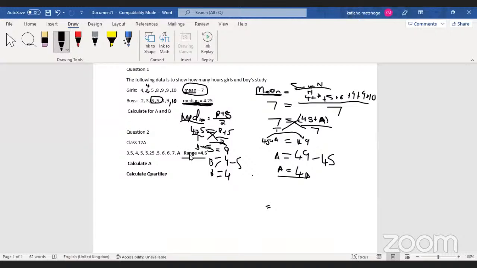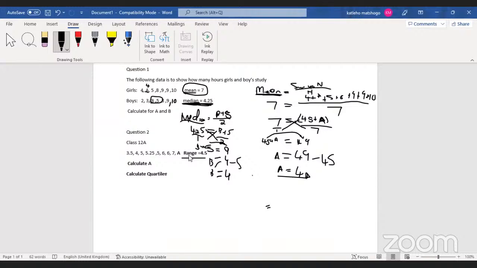So on this one, we are given the range. What is the meaning of a range? The range is 4.5. No, the meaning of the range. What does range mean? It's the highest minus the lowest value. Yes, that is our calculation. And we are given the range.